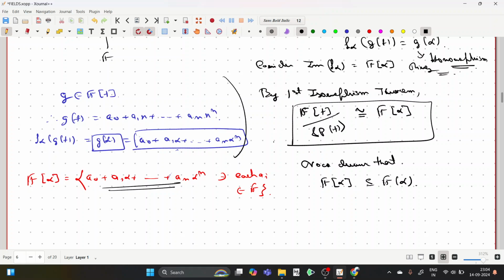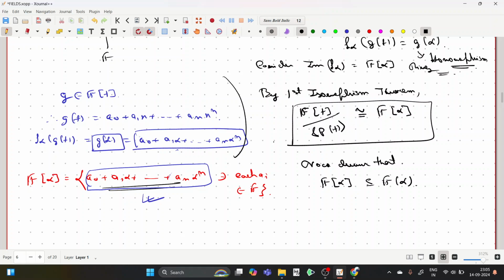If I choose any element of this form from F square bracket alpha, then this element will obviously be in F round bracket alpha, because F round bracket alpha is a field and it contains both F and alpha. So it will contain any linear combination which includes the elements of F and elements of alpha in this form. So eventually this will be an element of F round bracket alpha as well, right? Clear?